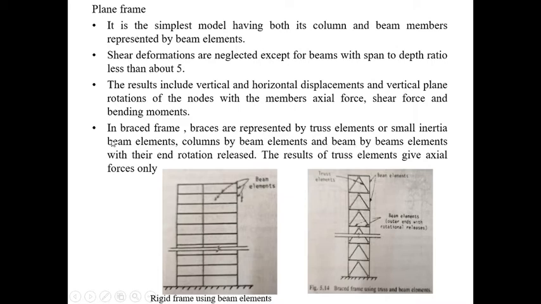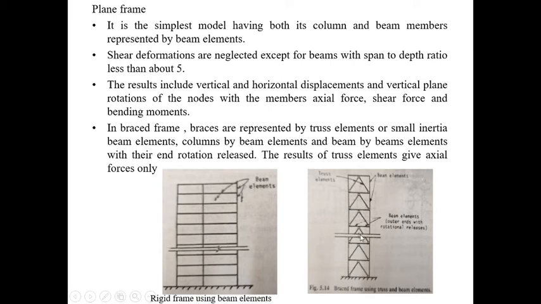So in a braced frame, the braces are represented by truss elements, or you can provide them as beam elements with a smaller inertia. The columns are represented by beam elements, and the beams are represented by beam elements with their end rotations released.